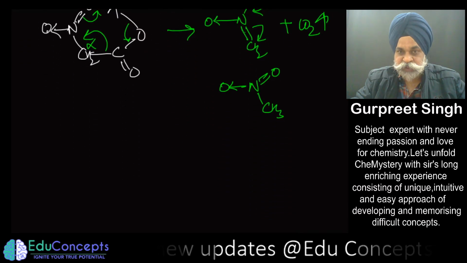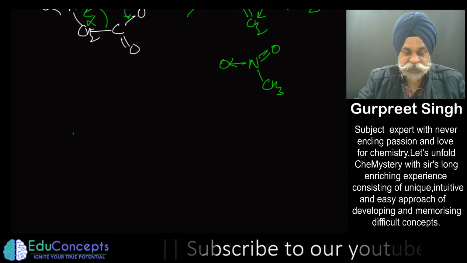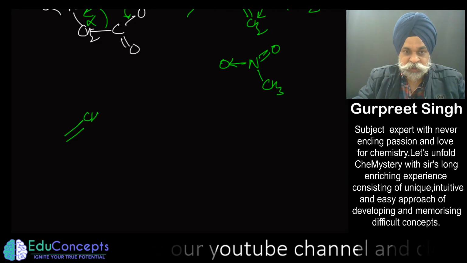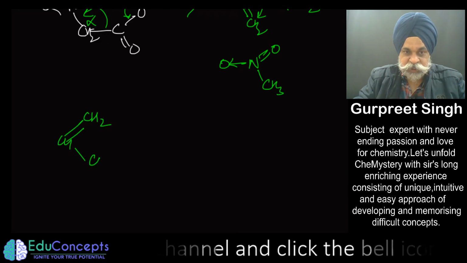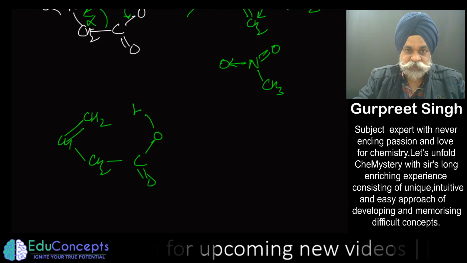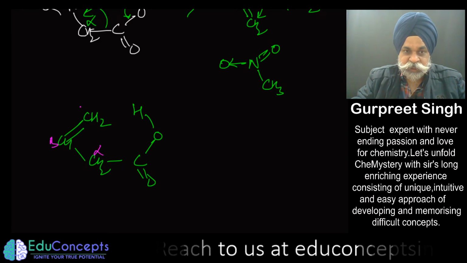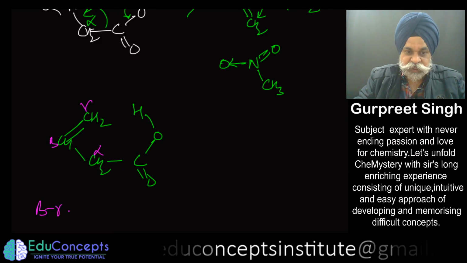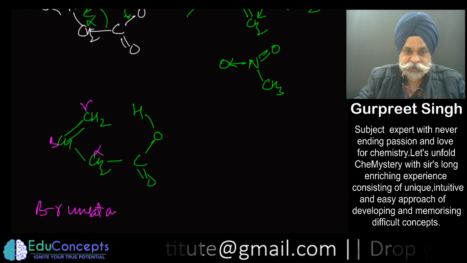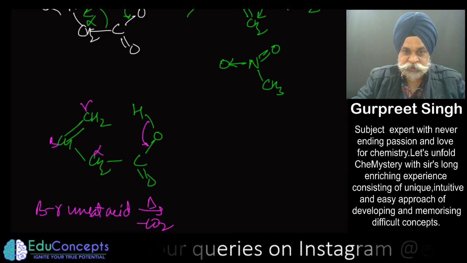So this also would lead to decarboxylation. One more to add on to this, you may take it like this. This also is a very interesting case of alpha, beta, gamma. If you have beta gamma unsaturated acid, if you heat it, this also would undergo decarboxylation.